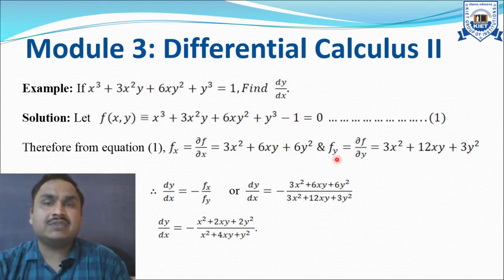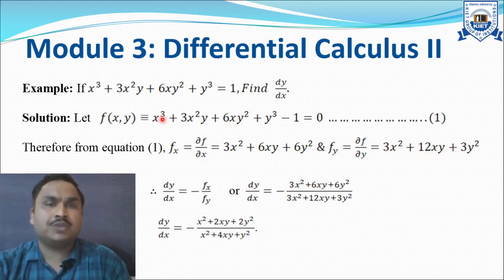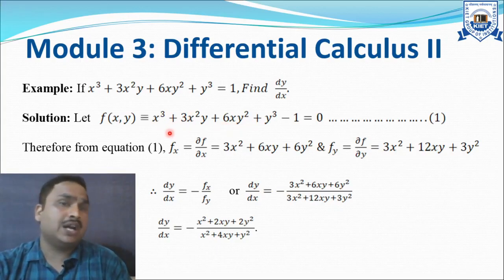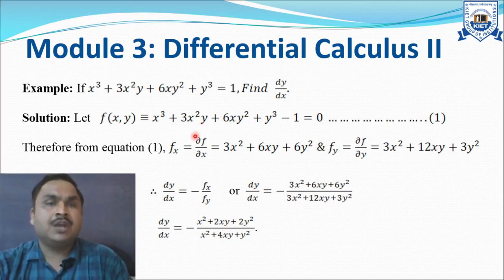Similarly, the derivative of f with respect to y treating x as constant will be given by 3x square plus 12xy plus 3y square, which is obtained from here by differentiating partially with respect to y treating x as constant.